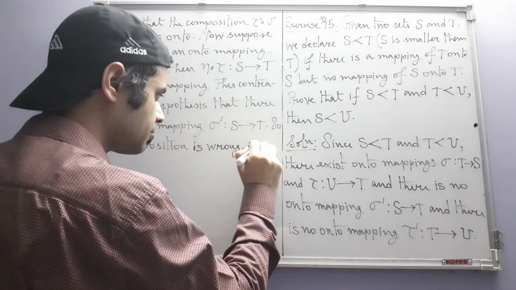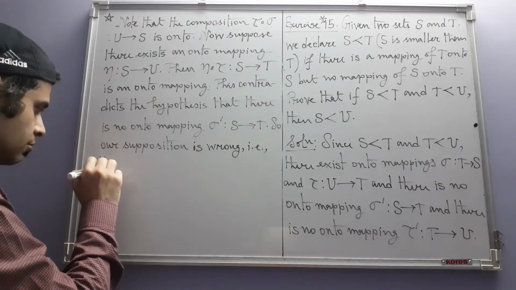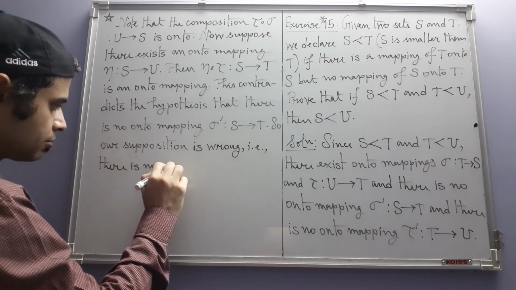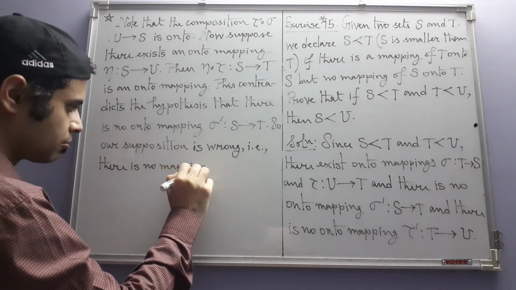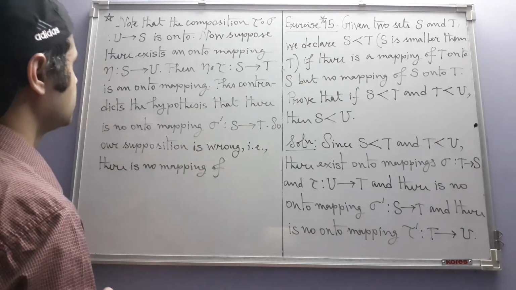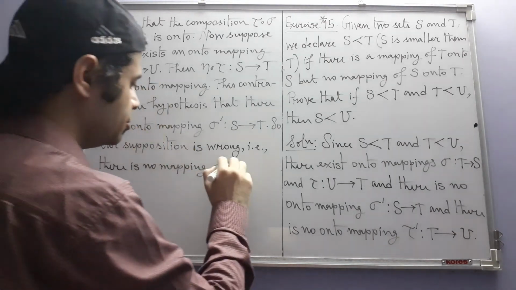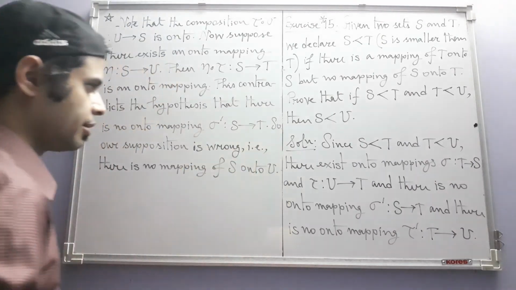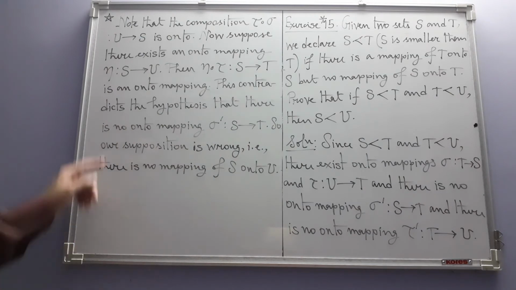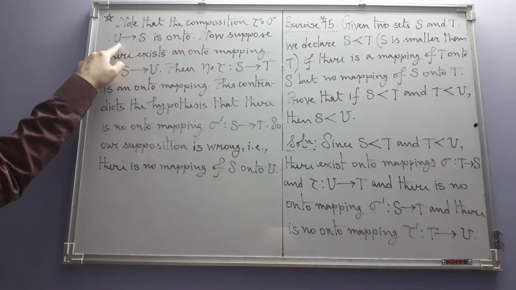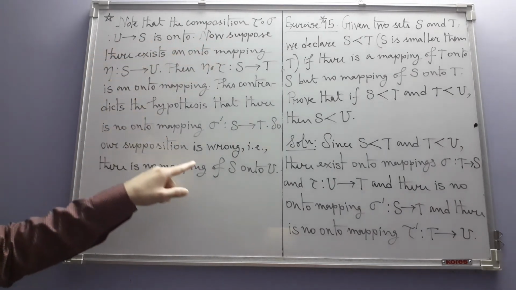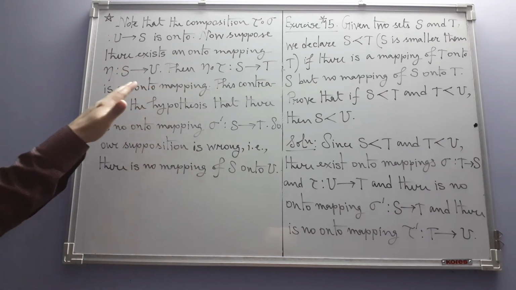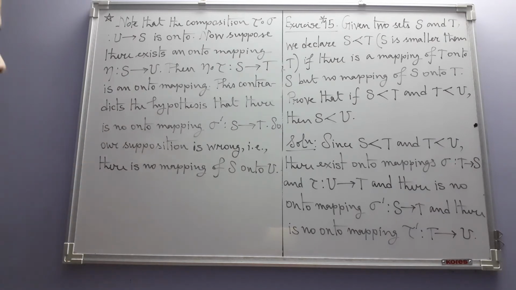That is, there is no mapping of S onto U. And now we are through, because we have produced an onto mapping from U to S, and we have also proved there is no such mapping from S to U. So S now has to be smaller than U by definition.